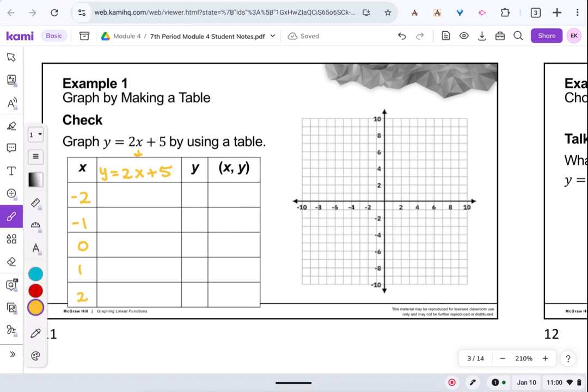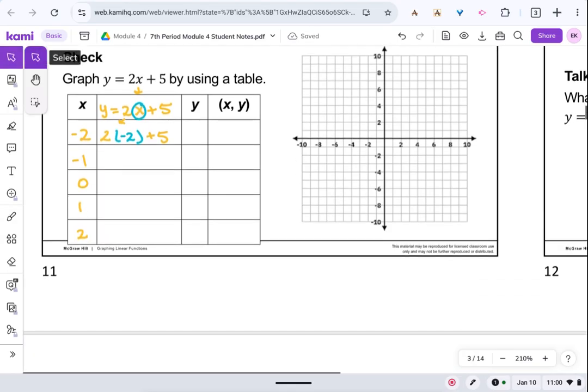We're going to take our x out and make it the numbers that are in that first column. Everything else is going to stay the same. So this 2 stays a 2. But x is going to become a -2 because that's the first change we'll make, and then plus 5. Now what's blue is what's going to be filled in differently, okay?